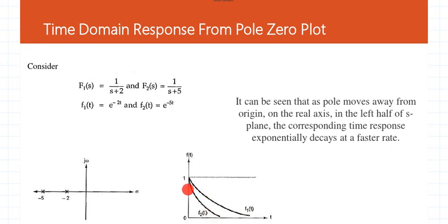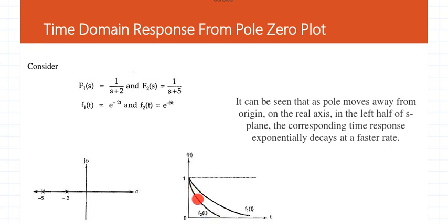Generalizing this case, we may say that it can be seen from the pole zero plot and the time domain response that as the poles move away from the origin on the real axis in the left half of the S-plane, the corresponding time response decays at a faster rate.